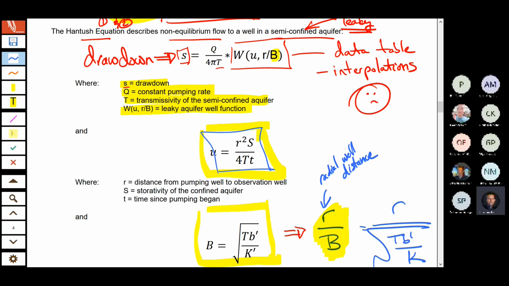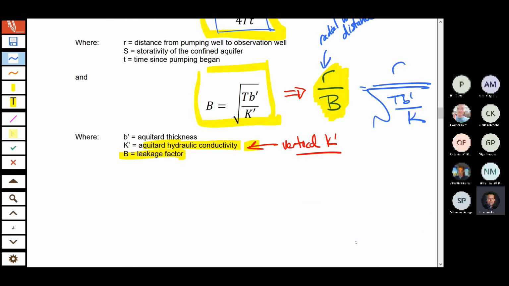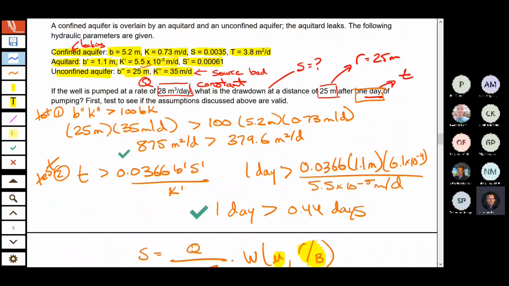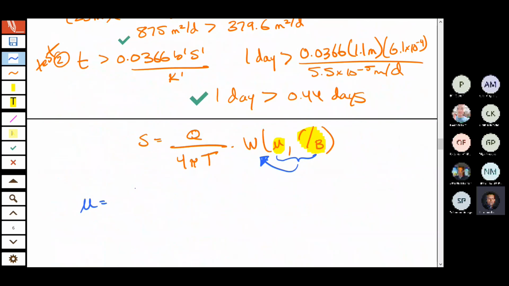We have all that information. Okay, so remember what that formula is. I'm just going to go ahead and copy it down. U is going to be equal to R squared S divided by 4 T t. Be careful that we're in similar units. We're already working in days, so we'll just leave it in days.